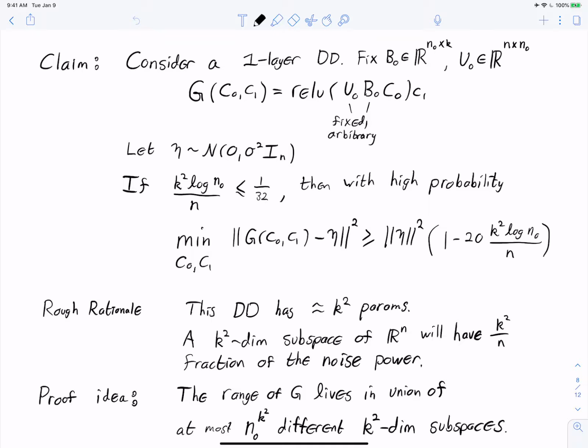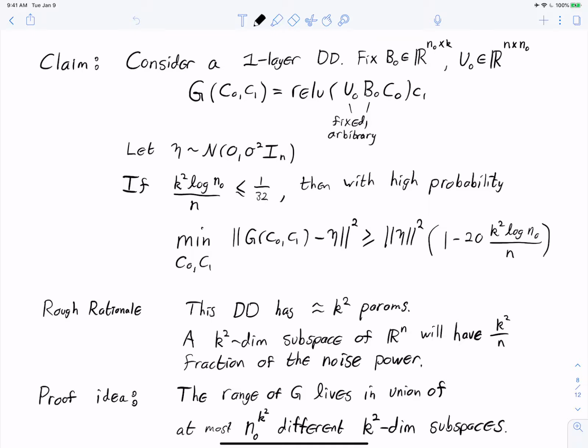Now, a k squared dimensional subspace of Rn is going to admit a fraction k squared over n of the noise power. So if I just fix the subspace and then generate a Gaussian noise and then project onto this k squared dimensional subspace, the square norm of that is roughly going to have k squared over n of the total square norm of the noise itself.